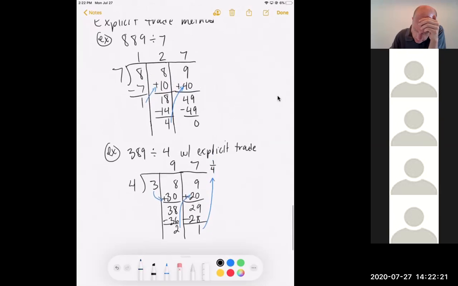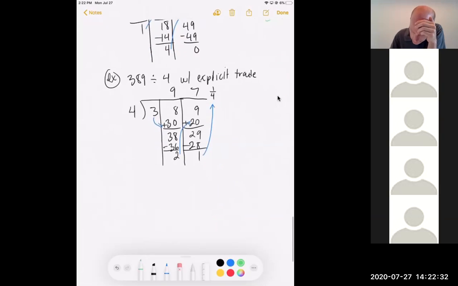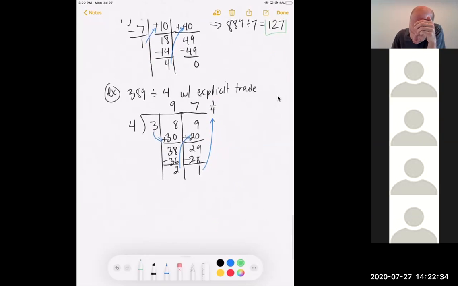I forgot to say, therefore, 889 divided by 7 is equal to 127. Okay. So from the one that we just did, we know that 389 divided by 4 is equal to 97 1/4.